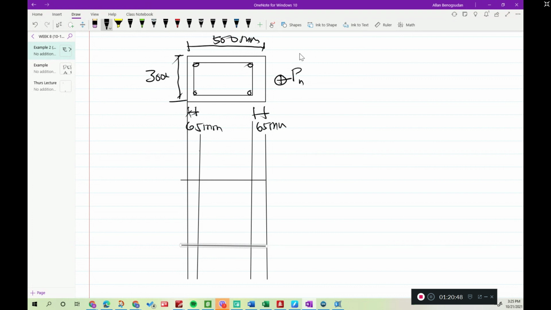Okay, so 500, 300, so this one can be, let me label it as cross section, and this one is our strain diagram. And this one is our stress and forces.